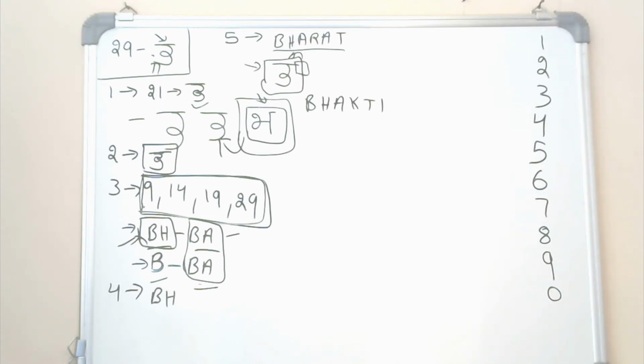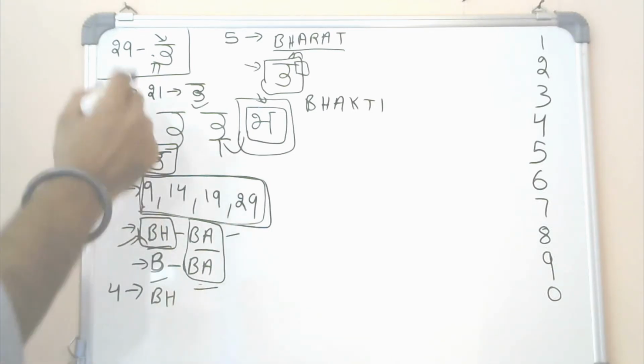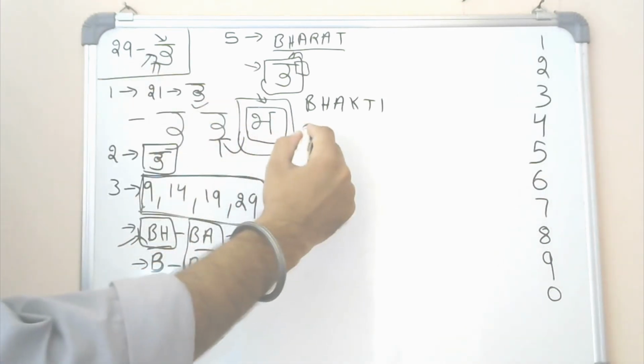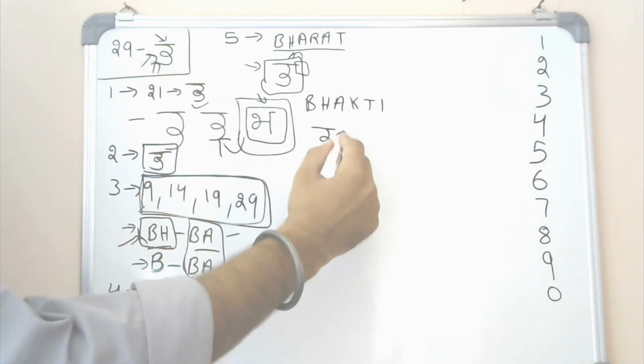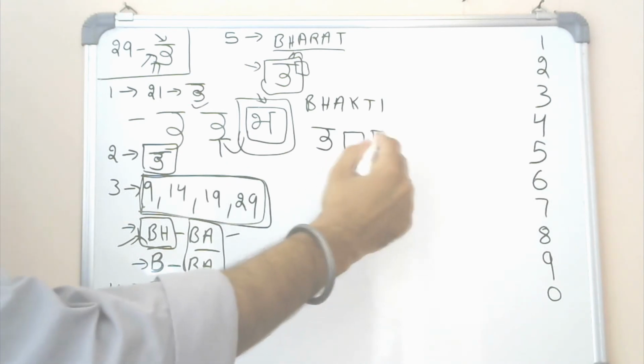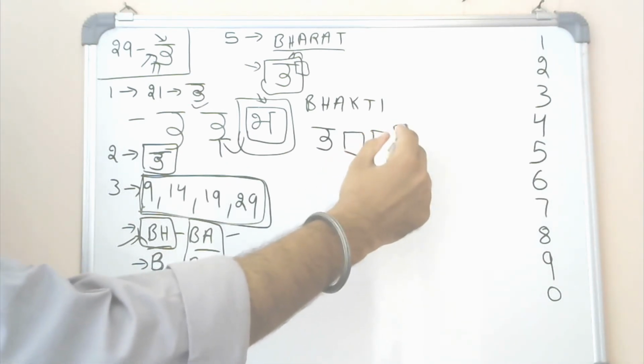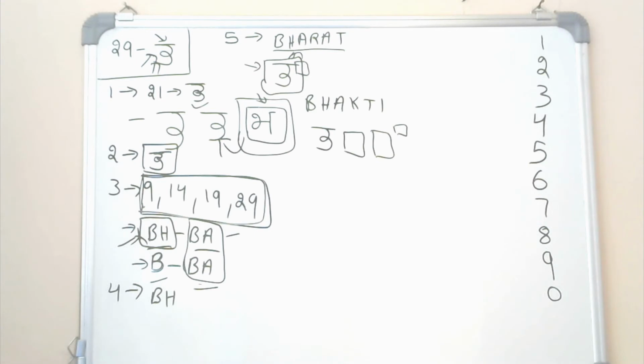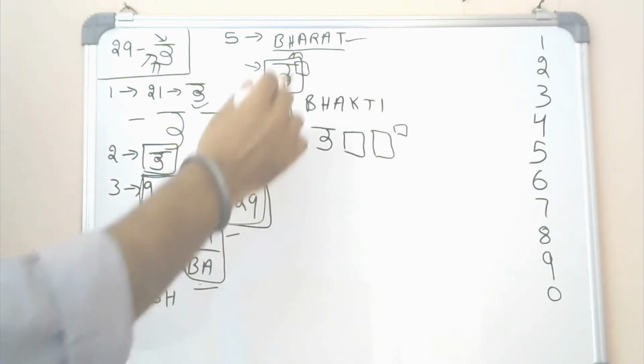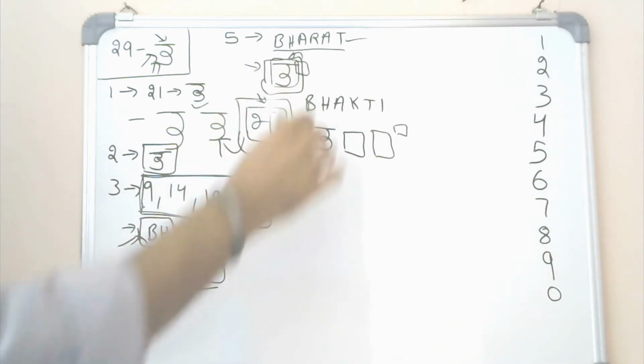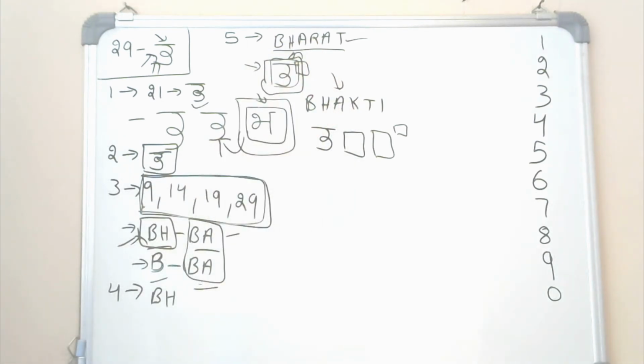When you're writing Bhakti, you will be using this letter as the first letter, and then another letter, and here you will be having a symbol. We cannot have Bharat without attaching the symbol to this letter. In the case of Bhakti, we can do that because the symbol will be attached to the last letter of this word. Making sense, right?